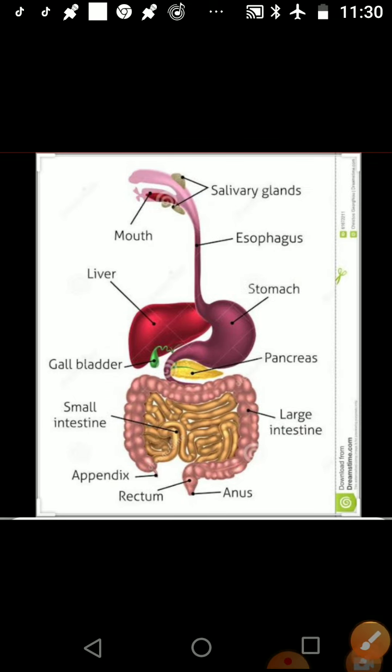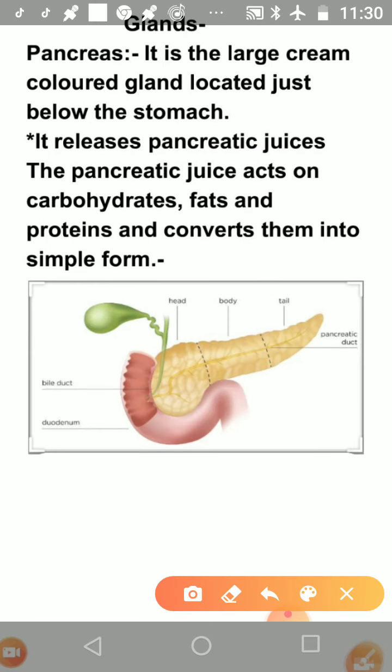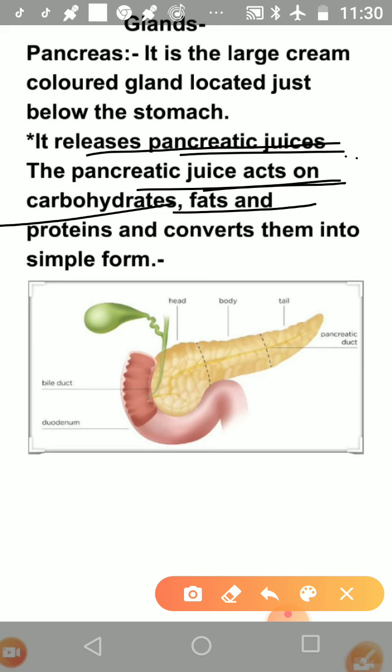Now we have to see the function of this gland. They release pancreatic juices, and these pancreatic juices act on carbohydrates, fats and proteins and convert them into simpler form.